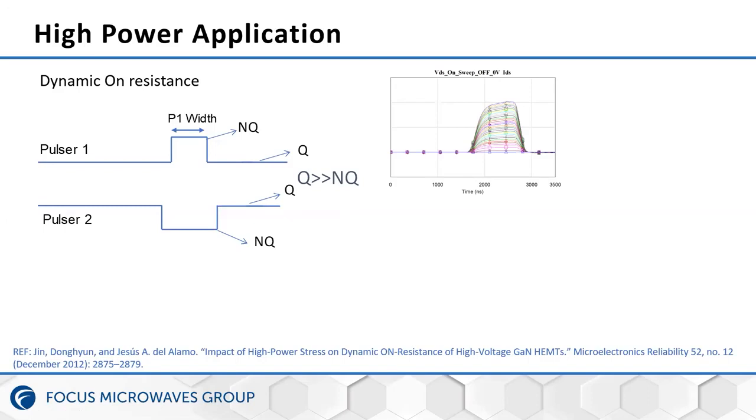Basically, during a high power measurement, the device is kept under stress for some time before it is turned on. And by stress, it means that the non-quiescent drain voltage is kept at a very high level before the device is turned on.